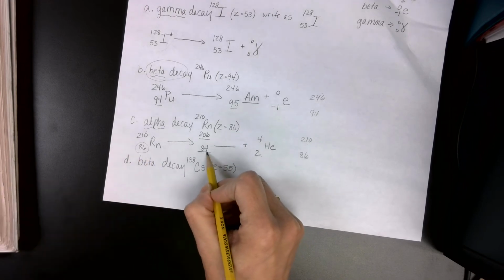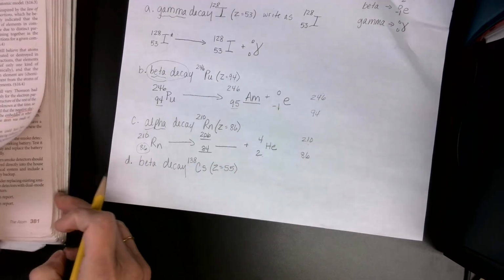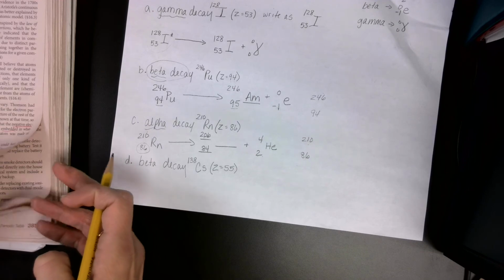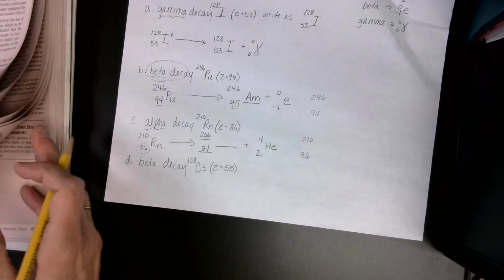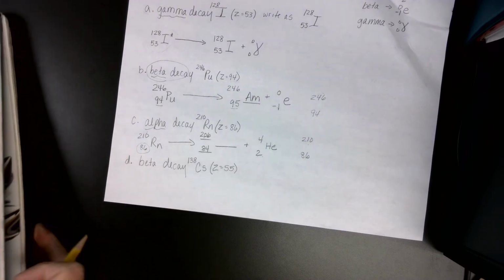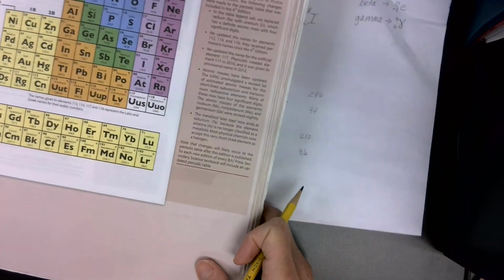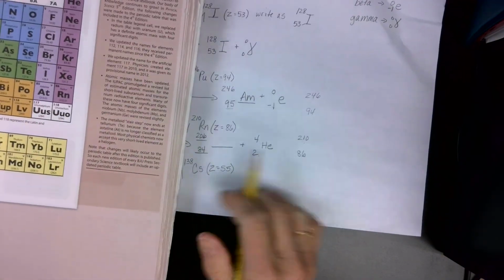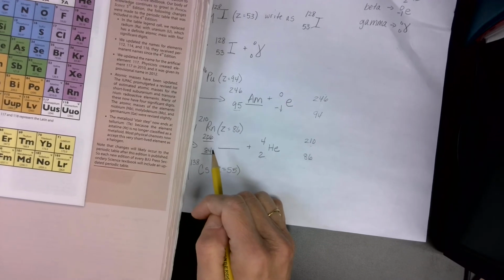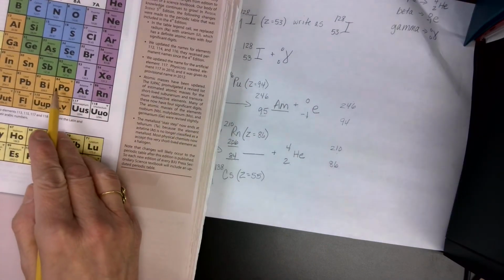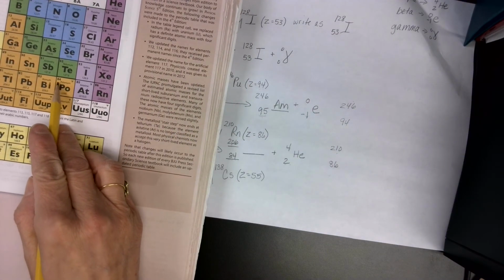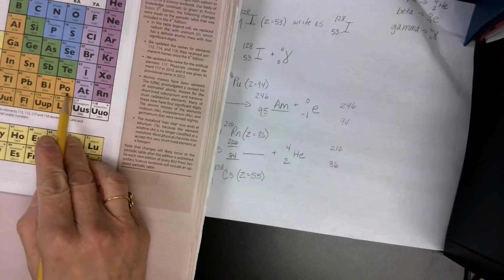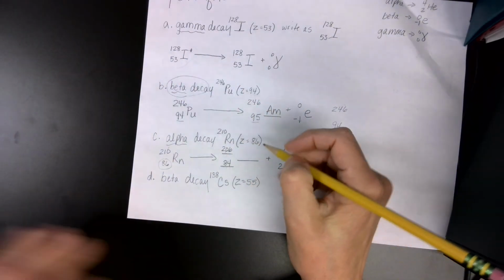And now we're going to go back to our periodic table, and there's one in your book on pages 392 and 393, and we're looking for something that has the atomic number of 84, right? So we look here, here's 84, and it's polonium, Po.